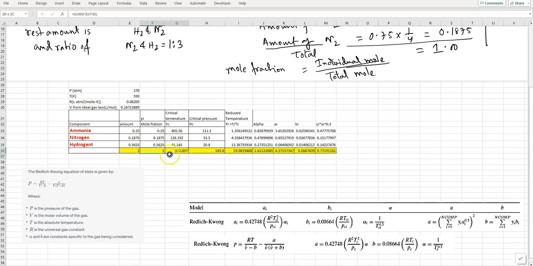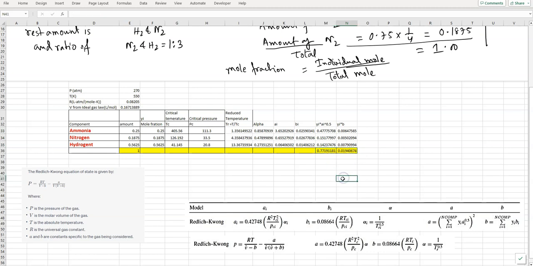Okay, so we don't need that. That is the summation, and then yi. First we have to calculate yi into bi. Similarly, that is equal to yi into bi. Bi is here, so we will calculate that, and then we have to add that.